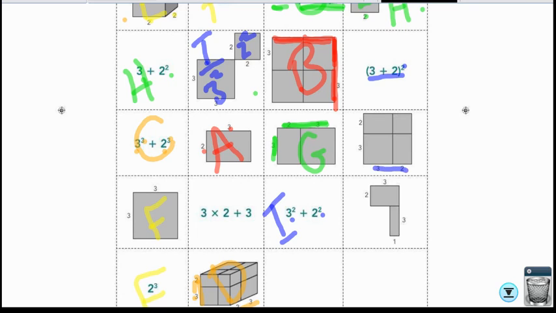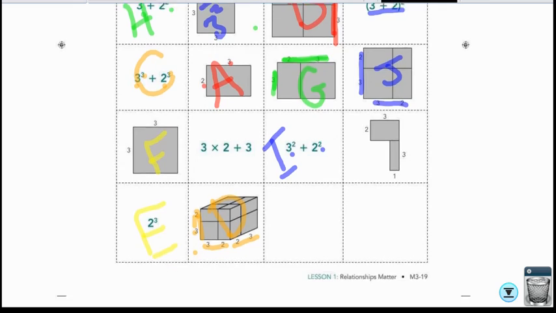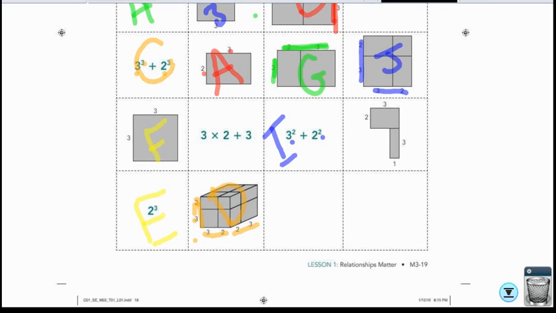That's right here. 3 plus 2 times 3 plus 2, and it's a square. So this is going to be J. The last one is 3 times 2 plus a 3 by itself. And here I have 3 times 2 plus a 3 by itself. And so this is K.